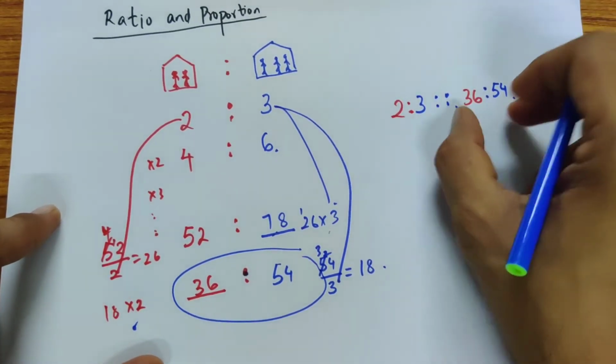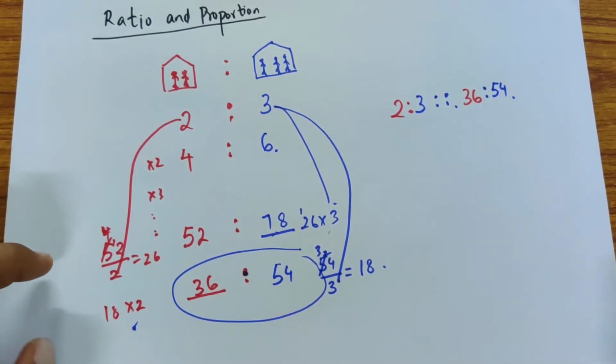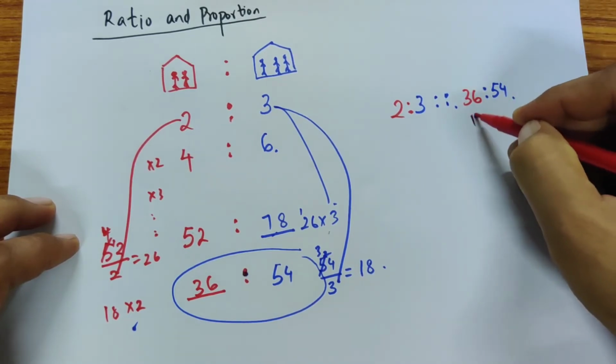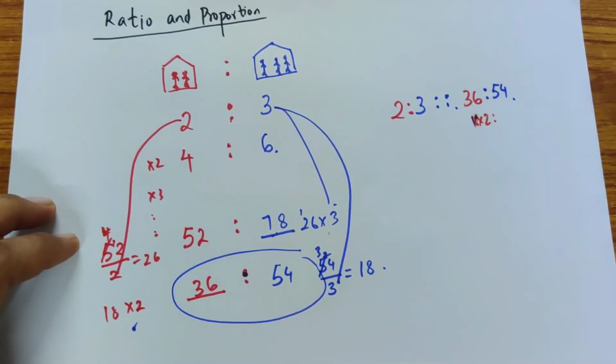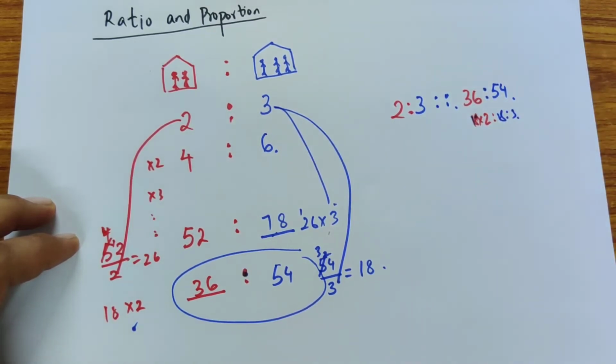Yeah, so these are in the same proportion as each other. So that's the first thing. And the second thing is, this is of course 18 times 2 is to 18 times 3.